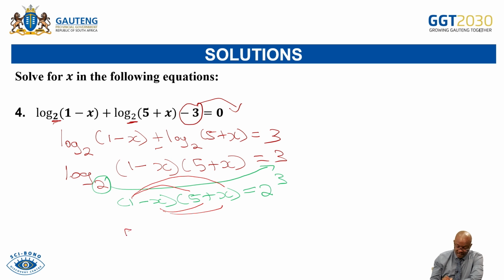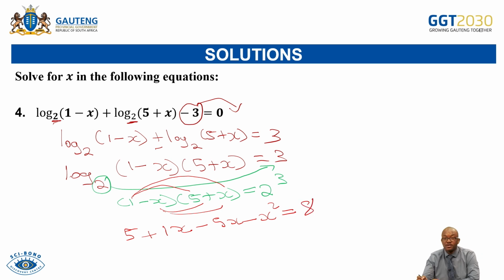We have 1 times 5 is 5, plus 1x minus 5x minus x squared is equal to 8, because 2 to the exponent of 3 is 8.